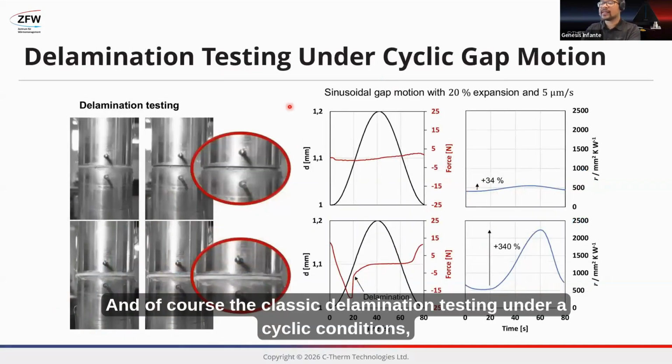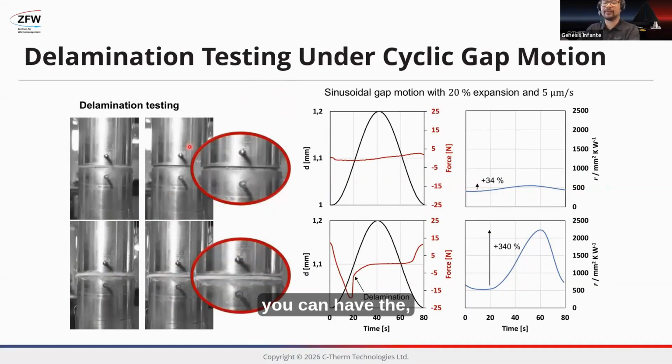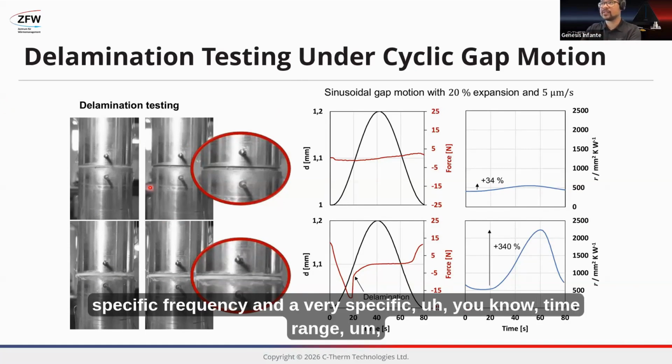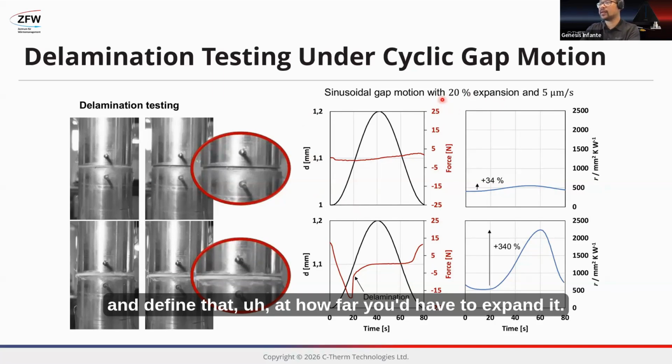And of course, the classic delamination testing under a cyclic condition. So you can have the bars go up and down at a very specific frequency and a very specific time range, and define how far you'd have to expand it.